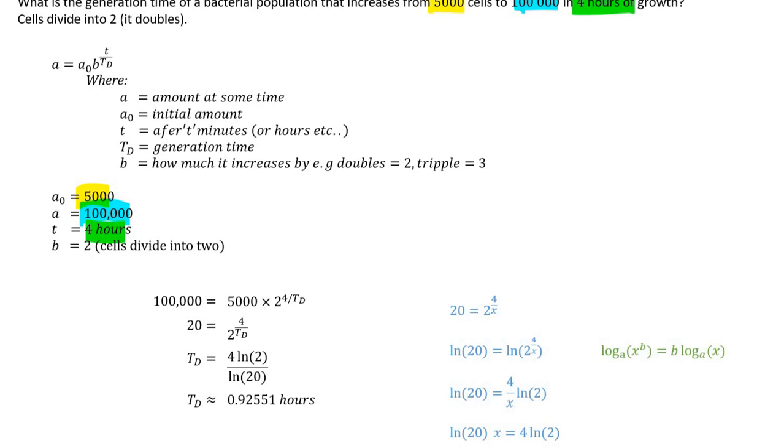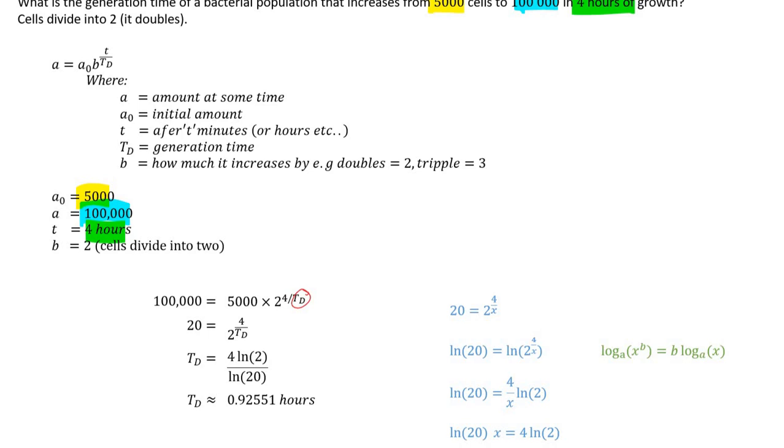We started with 5,000 cells and it doubles for certain periods of time. The amount of time we're after is 4 hours, and TD is the generation time, the time it takes for the amount to double.